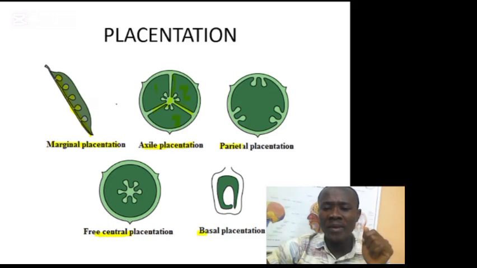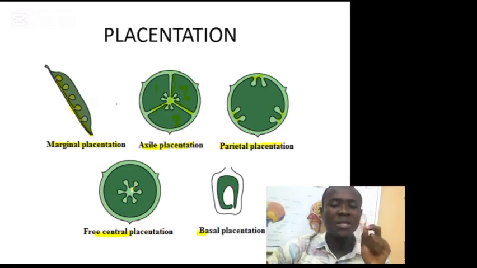And we have parietal placentation. In here, the ovules are arranged on the wall of the ovary, like we have here. On this wall here, we have the ovules that are attached to it, and it just has one locule. In free central placentation, similar to axial placentation, there is no septa dividing this ovary.